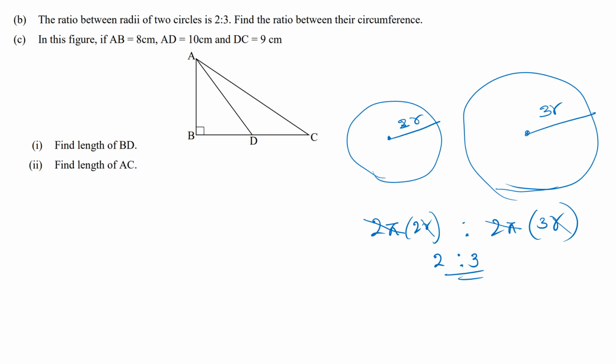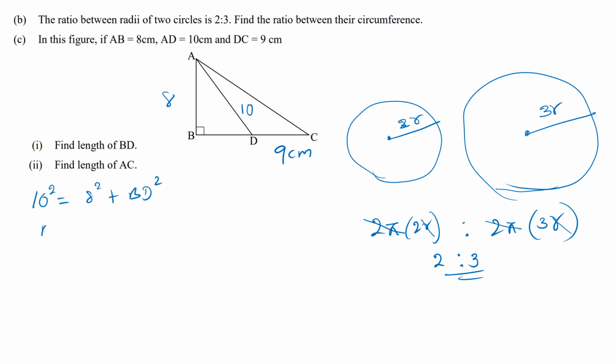If in the figure AB is 8 centimeters, AD is 10 centimeters, and DC is 9 centimeters, find the length of BD. So BD, you can use the Pythagoras theorem. That means 10 squared is equal to 8 squared plus BD squared.